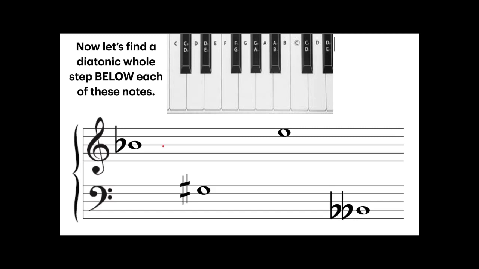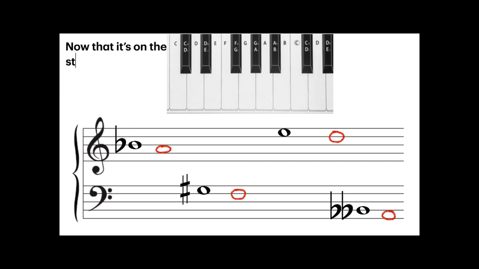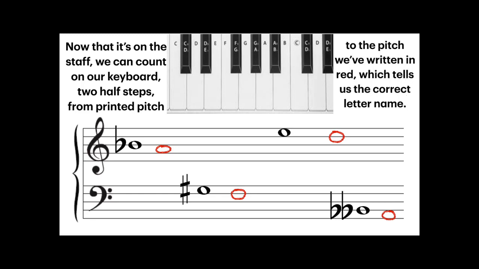Now let's find a diatonic whole step below each of these notes. Once again, start by placing a note head on the line or space below each pitch. Now that it's on the staff, we can count on our keyboard from each printed pitch to the pitch we've written in red, which tells us the correct letter name and will give us the correct enharmonic spelling.